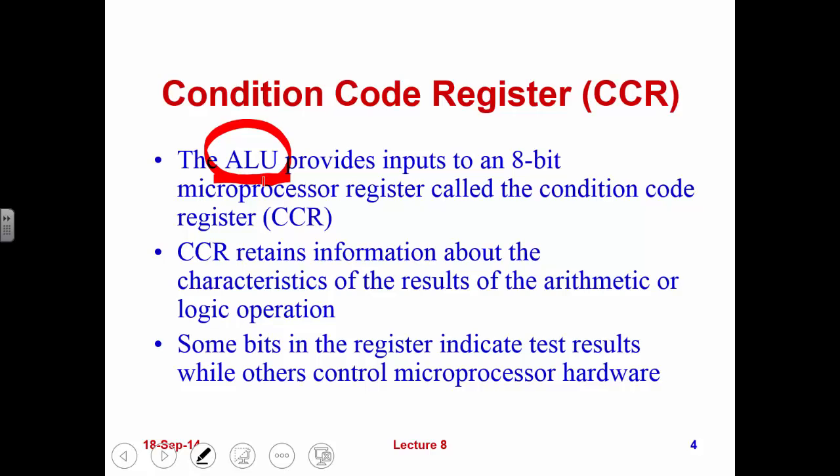The ALU is one of the very important components within a CPU. As you can see from its name, arithmetic logic unit, it's mainly designed to perform arithmetic operations and logic operations.